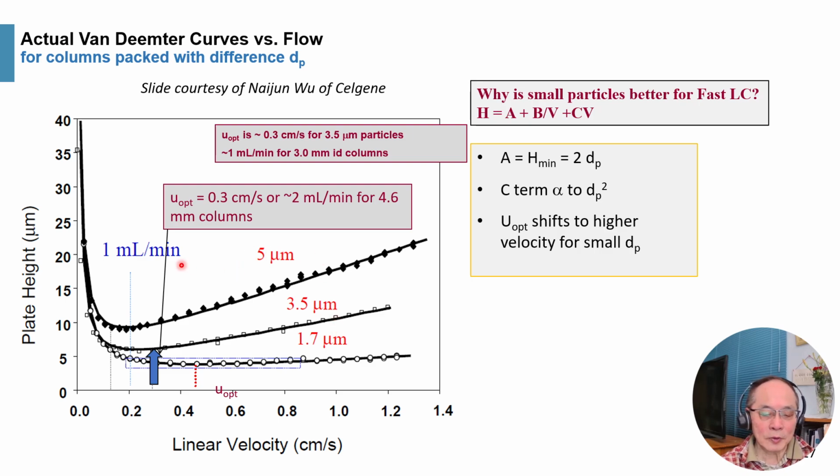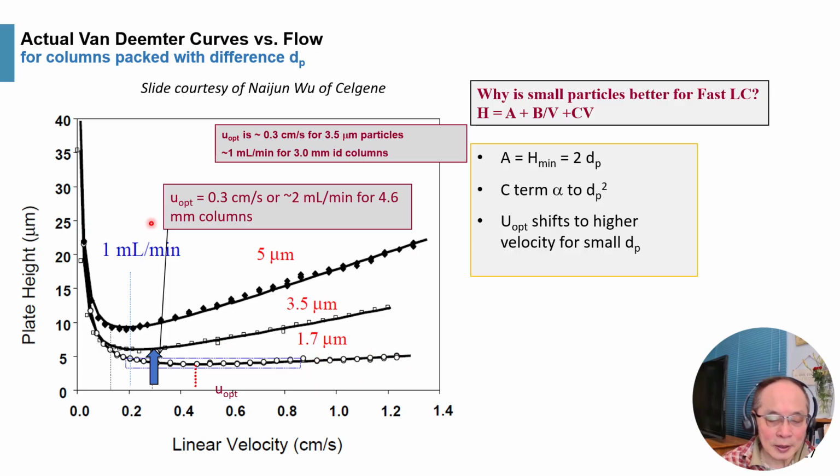With this Van Deemter equation, one can explain why smaller particle size, or smaller dp, is better for very fast LC for high throughput screening. Definitely, because of lower resistance to mass transfer, you can run at a faster flow rate.